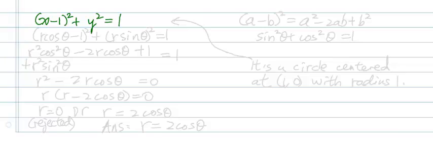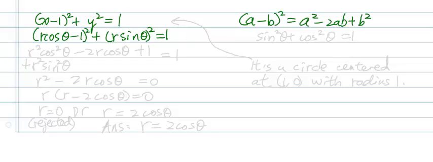polar coordinates. We replace x by r cosine of theta and y by r sine of theta. Then the equation becomes r cosine of theta minus 1 squared plus r sine of theta squared equals 1. We use the trinomial square formula a minus b squared equals a squared minus 2ab plus b squared to expand the square.